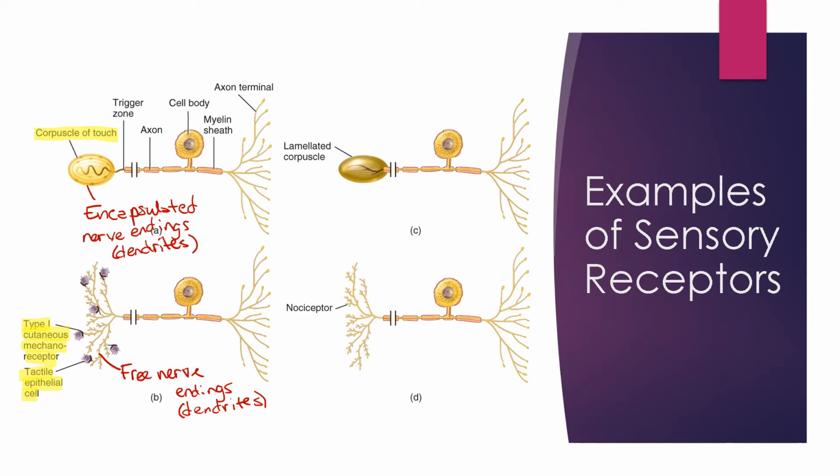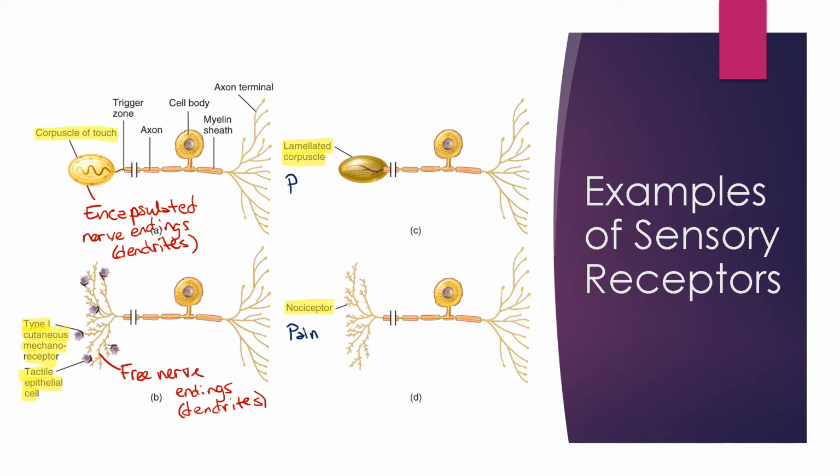Then we have a lamellated corpuscle. This is a pressure receptor. It's composed of a multi-layered connective tissue capsule that encloses a dendrite. And then we have a nociceptor. This is a pain receptor that consists of free nerve endings as well. So this one is a pain receptor.